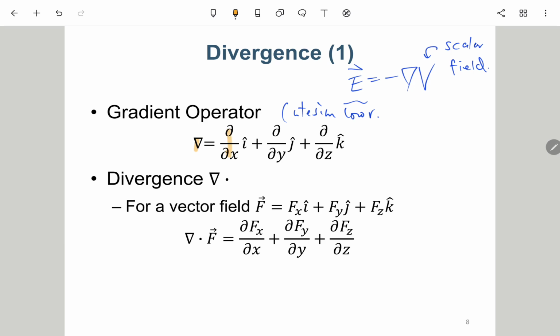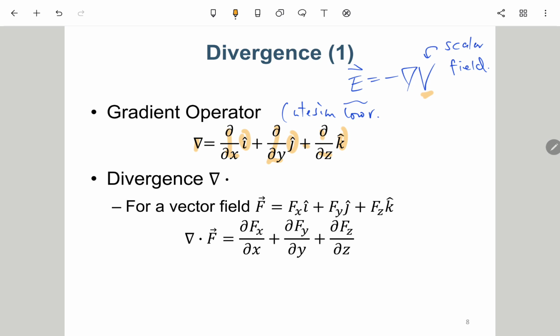It will be partial x times the unit vector of the x-axis, plus partial y times the unit vector in the y-axis, plus partial z times the unit vector of the z-axis.